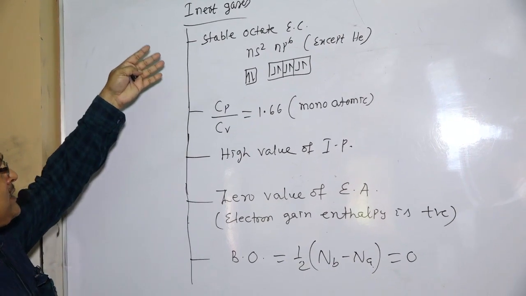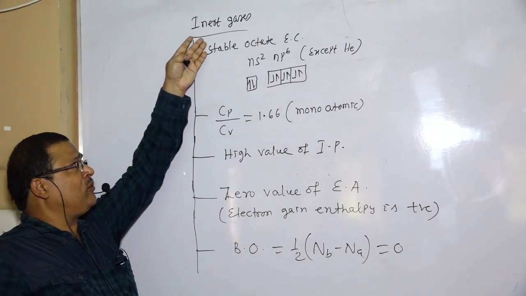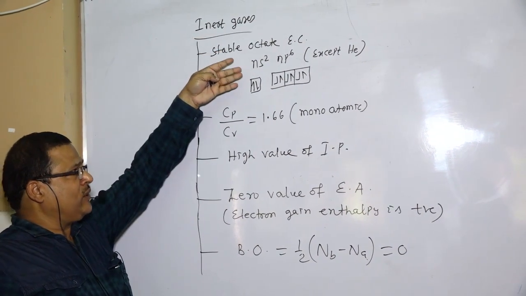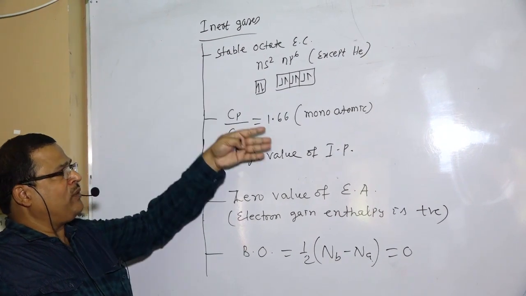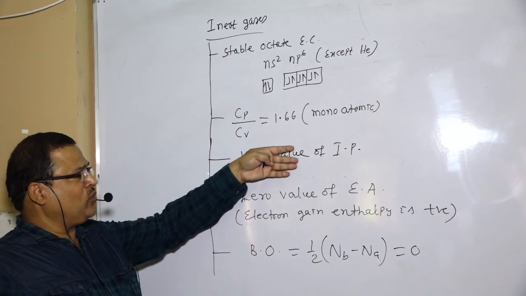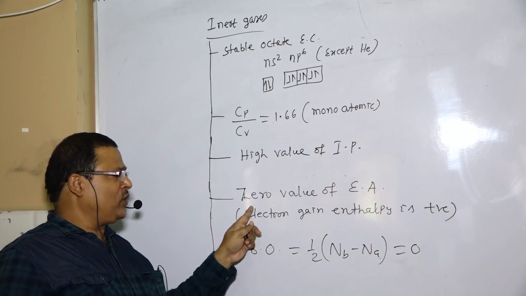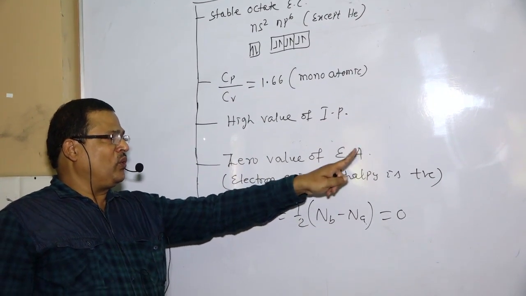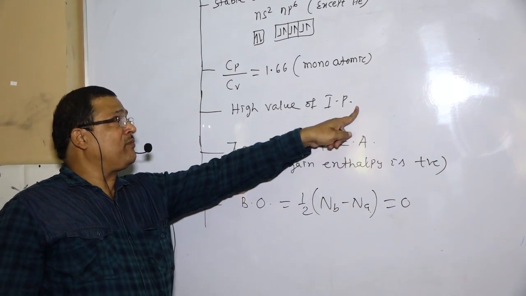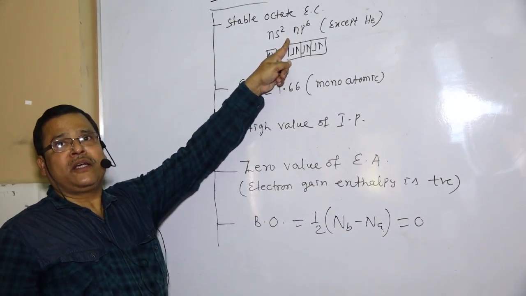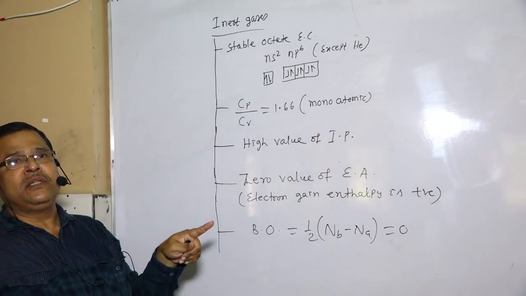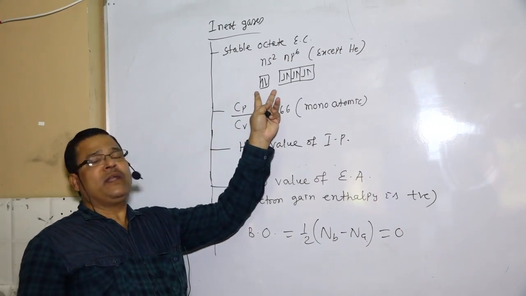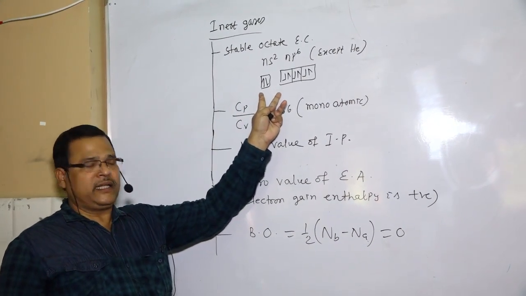Inert means they have no ability to form compounds because of stable octet electron configuration, high ionization potential, no formation of cation, zero electron affinity, no chance of formation of anion. Because of stable electron configuration, there is no chance of formation of a covalent bond by mutual sharing.